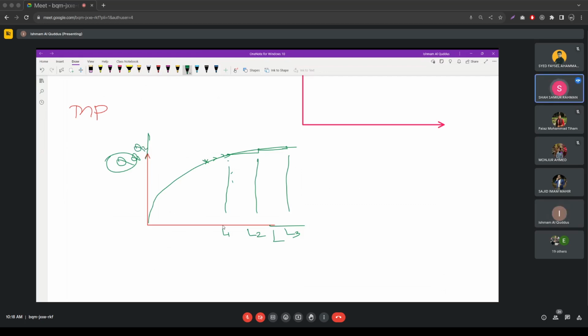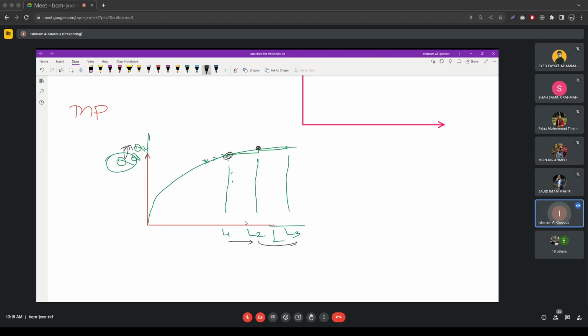So you see, good. If you want to move from this point to this point, Q1 to Q2, if you want to increase your production from Q1 to Q2, you need to increase a significant number of labor hours, right? Then if you further wish to increase your production level, you need to increase from L2 to L3.